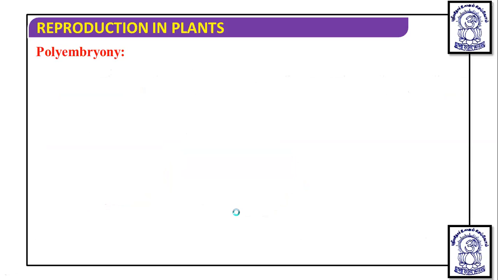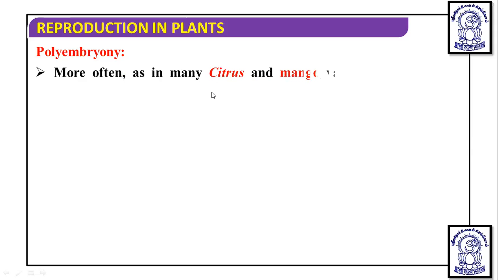Then one more phenomenon which we are going to study here is polyembryony. Polyembryony means the presence of multiple embryos within a seed. How are they formed?